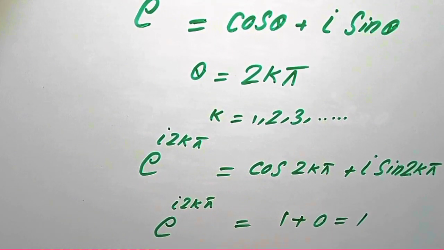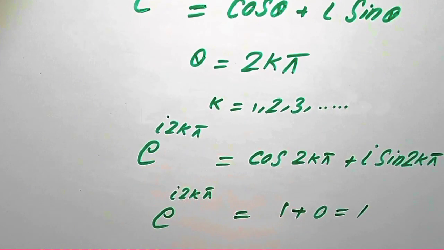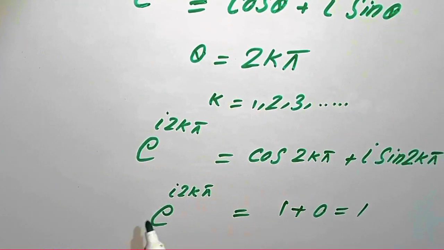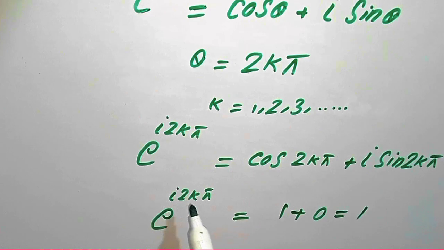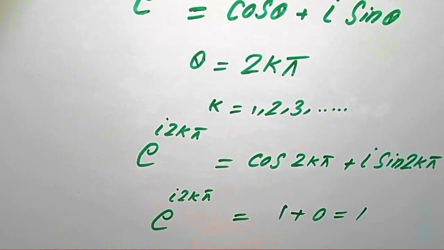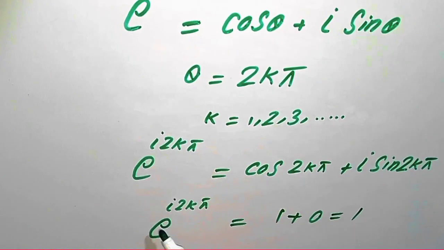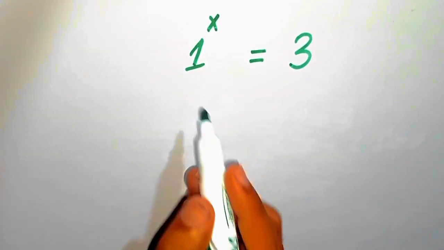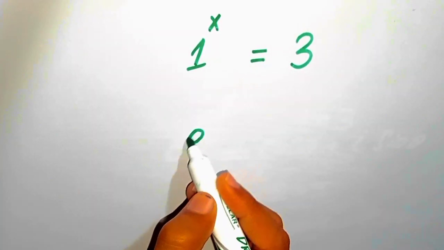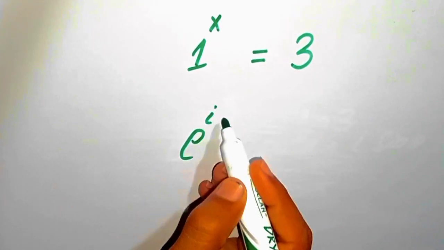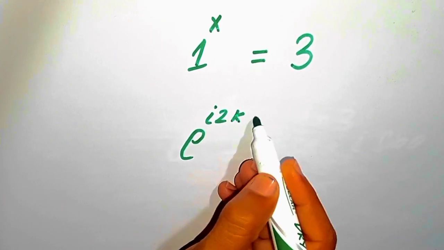So we replace 1 in our question with e power iota 2k pi, whole power x.